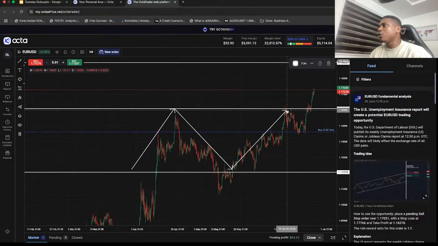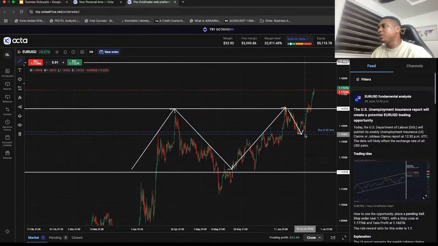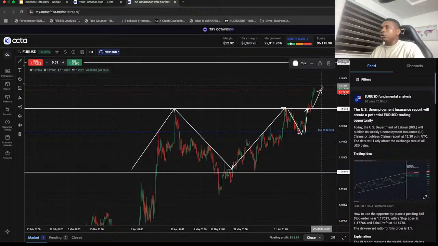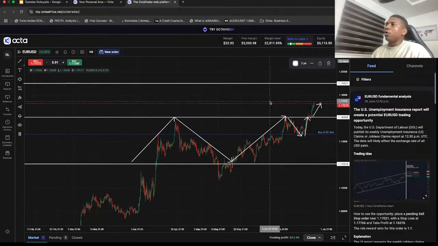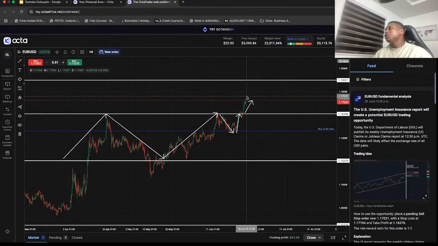So here now we can see more closely that when price got up to this level, it pushed back on the 4 hours time frame. Okay, and then later picked up to this resistance zone where it rallied, after which it continued moving.